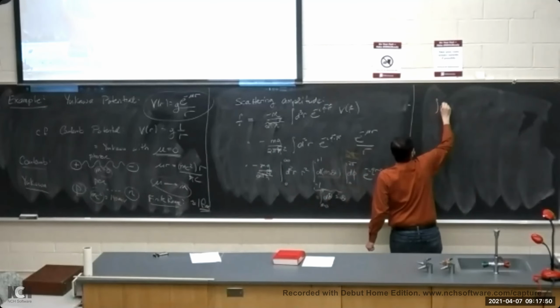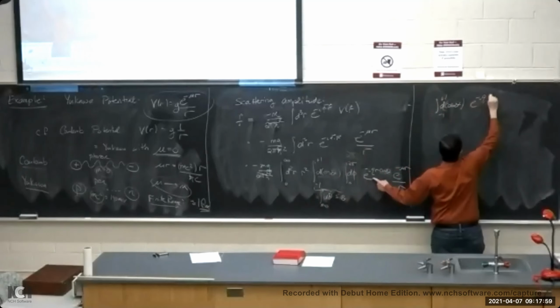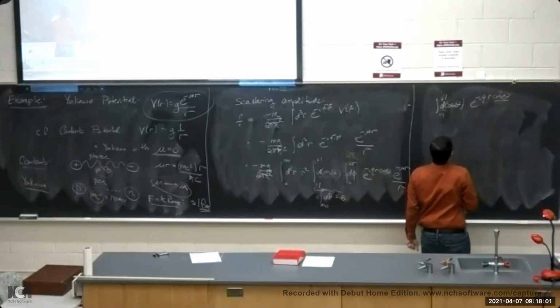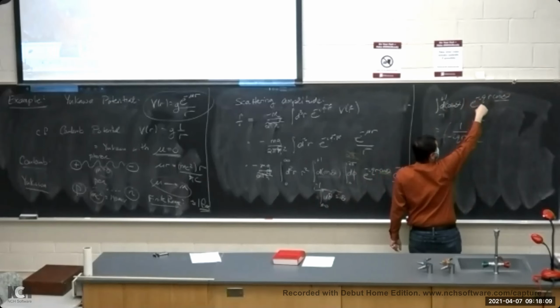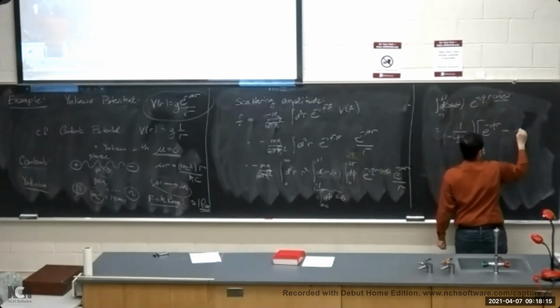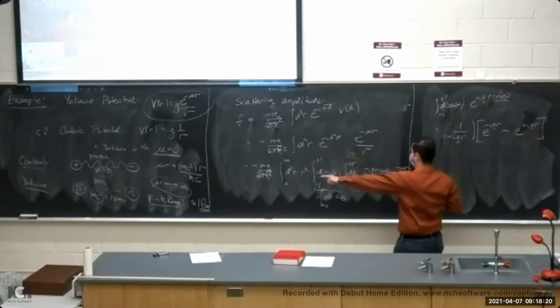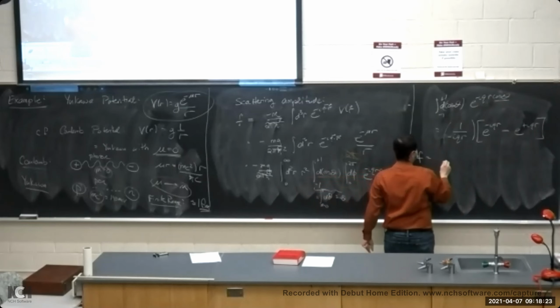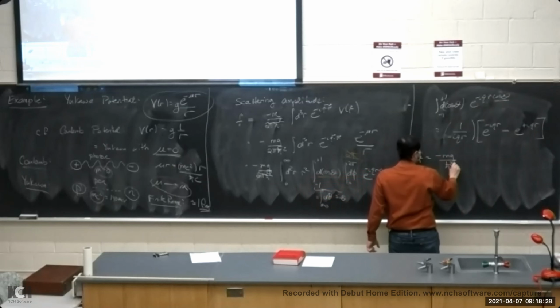So what I get is integral d cosine theta from -1 to +1, e to the minus i q r cosine theta. So I integrate the exponential and I get 1 over minus i q r, the exponential evaluated at the upper limit, which is e to the minus i q r, minus evaluated at the lower limit, which is e to the plus i q r. So if I plug all of this stuff back in, what I have is F equals minus m g over h bar squared.